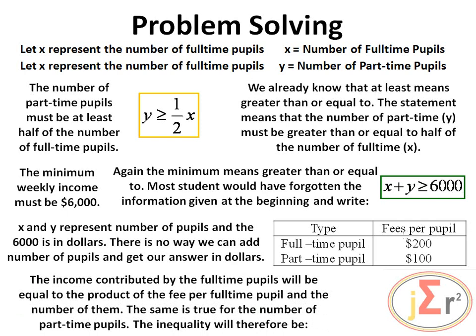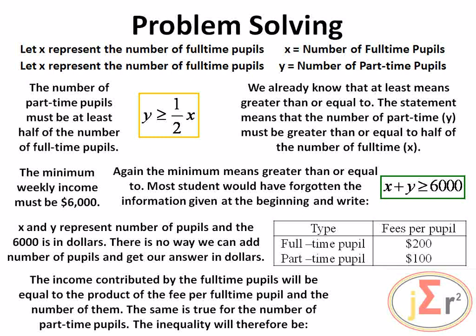So you take the fee for each pupil and multiply that by the number of full-time pupils, which will be X. We do the same thing with the part-time pupils.